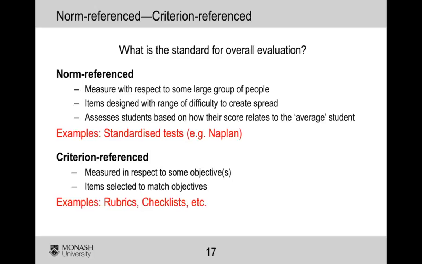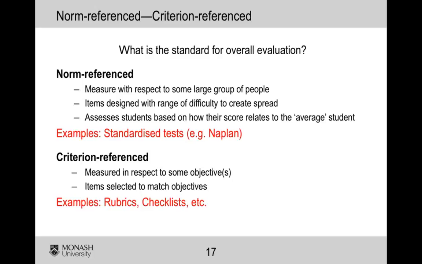Also, norm reference assesses students based on how their score relates to the average student. This is very typical in standardized tests, like NAPLAN scores, where there's an average score and it shows where you sit within the larger population.